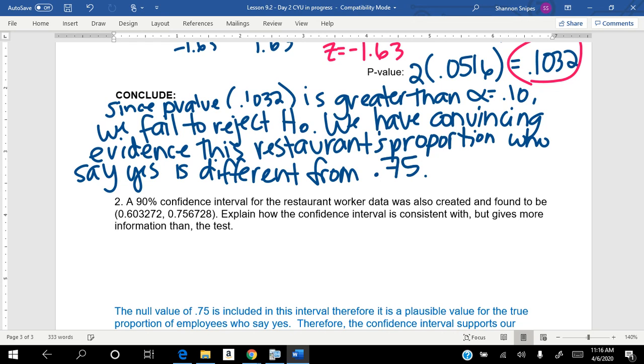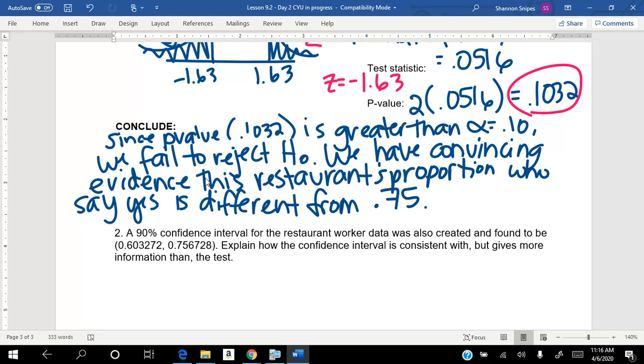So a 90% confidence interval for the restaurant worker data was also created and found to be, you can see it right there. Explain how the confidence interval is consistent with, but gives more information than the test. So if you're looking at that interval, 0.75 is actually inside of that interval.